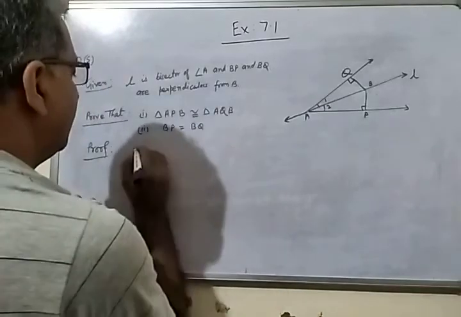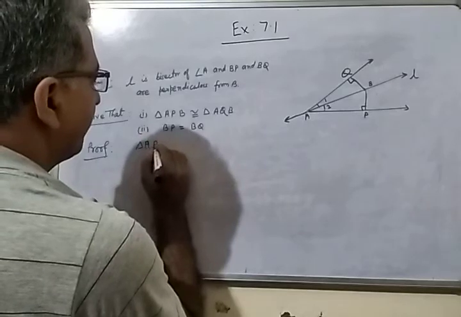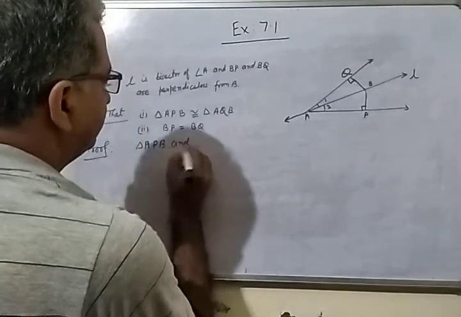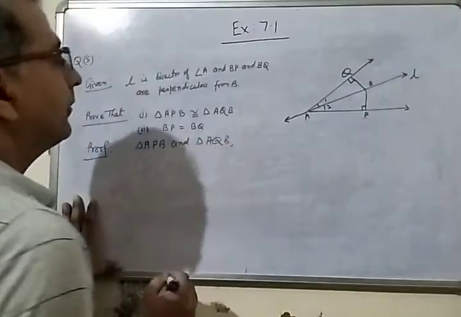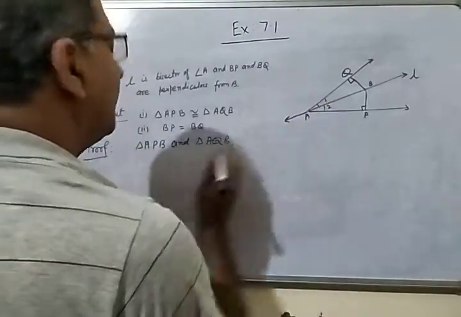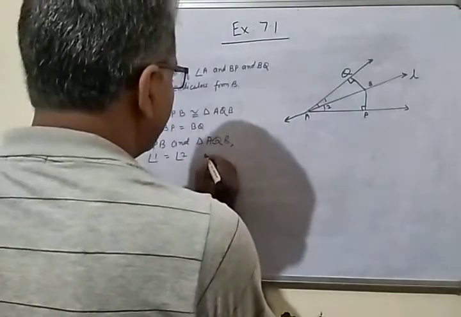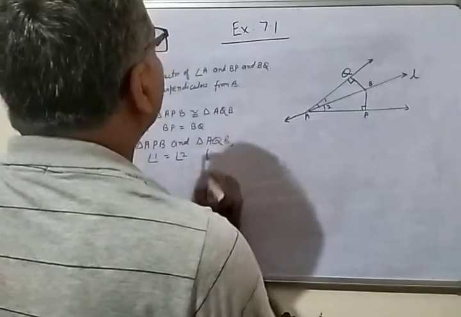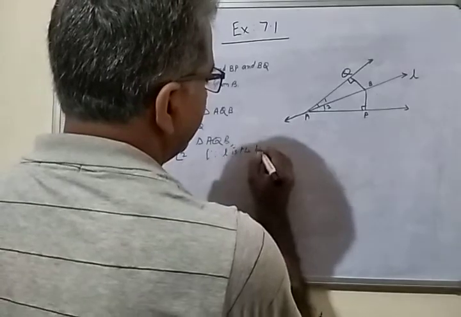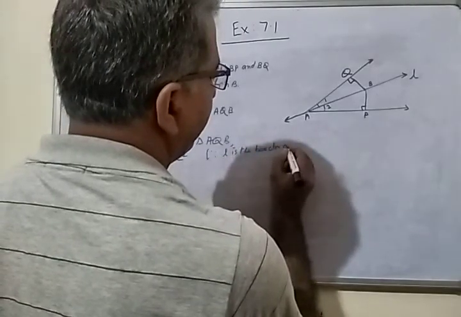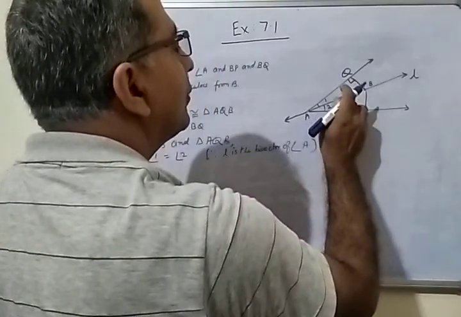Take the two triangles APB and AQB and compare. Angle 1 equals angle 2, because L is the bisector of angle A, which means it divides the angle into two equal parts.